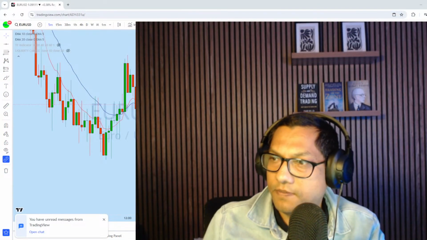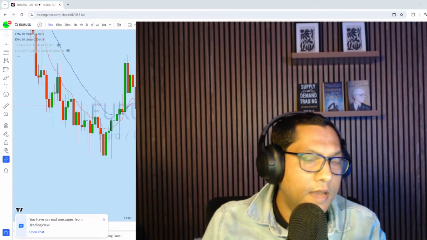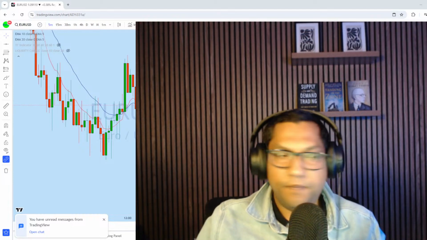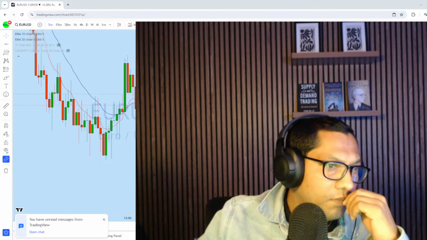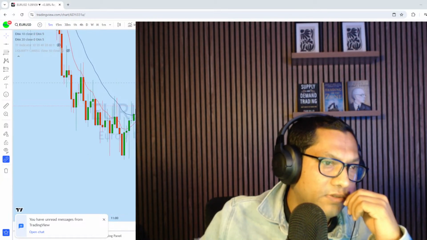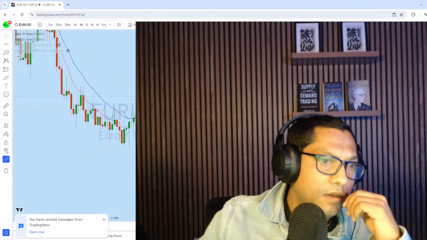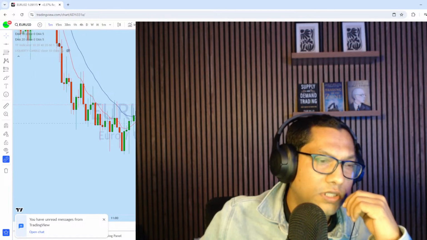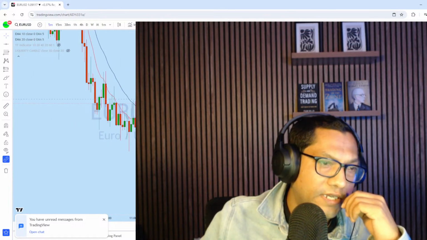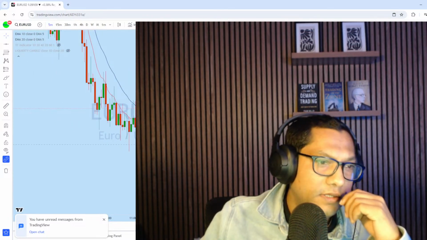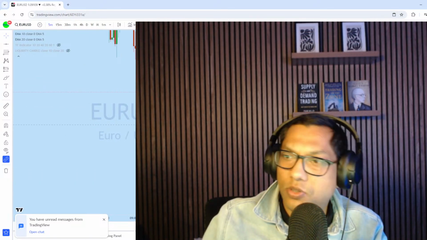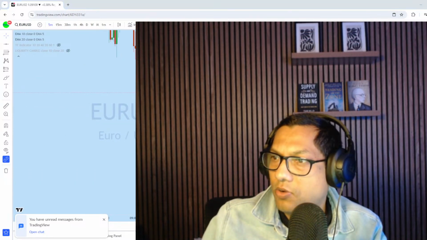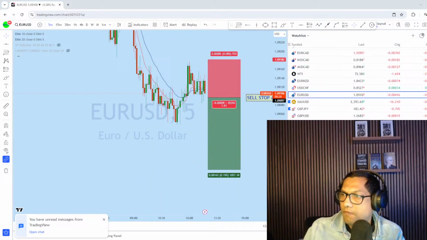You guys can see that. Now, as you can see from this resistance, expecting this candle to close as a full body red, so that the next one is coming back below the support level. If it drops below the support, we will be securing some profit here.